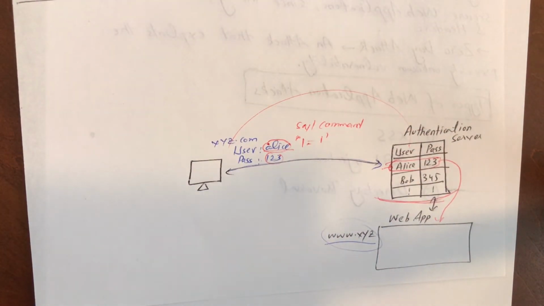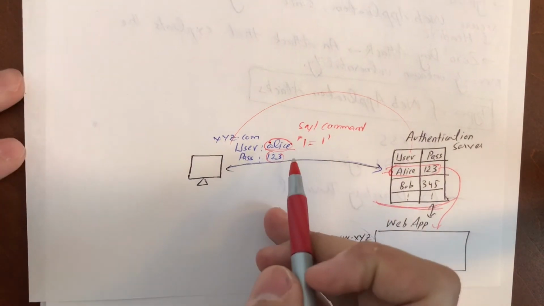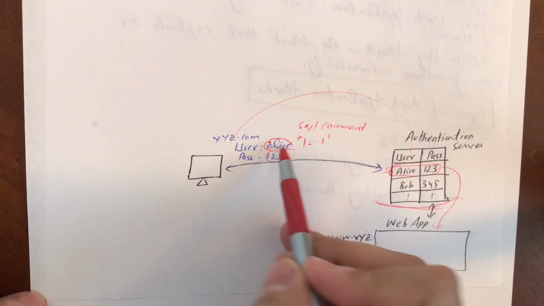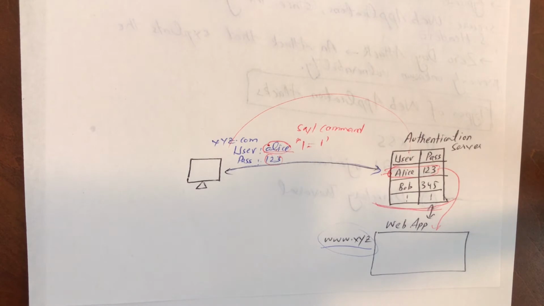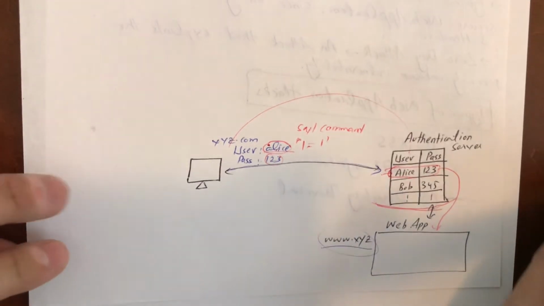This attack is called a SQL injection attack, where the attacker, instead of putting a username in the username form, enters SQL commands. If there is no filter in between and whatever the user types goes directly to the authentication server, that's called the SQL injection attack.